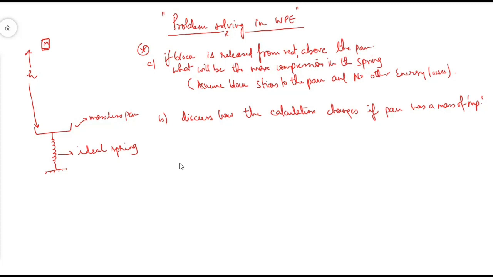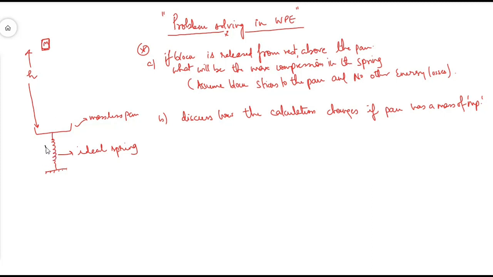Why? Because the only forces doing work are the gravitational force and the spring force, and both of them are conservative in nature, so the total mechanical energy of the system remains constant. I'm going to calculate the decrease in gravitational PE. Suppose the block goes from here to the final position, where the final compression happens.